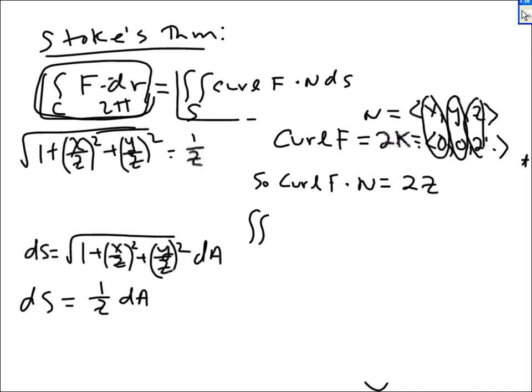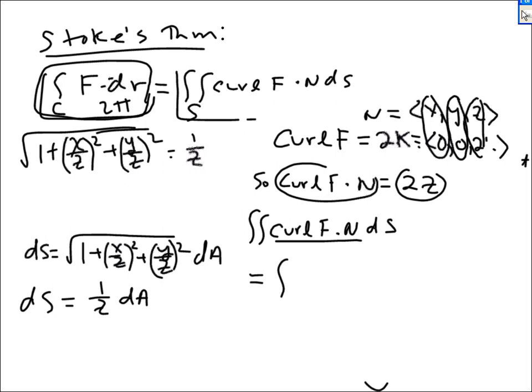Supposed to integrate the curl of f dot n ds. But the curl of f dot n is 2z. And ds is 1 over z dA.